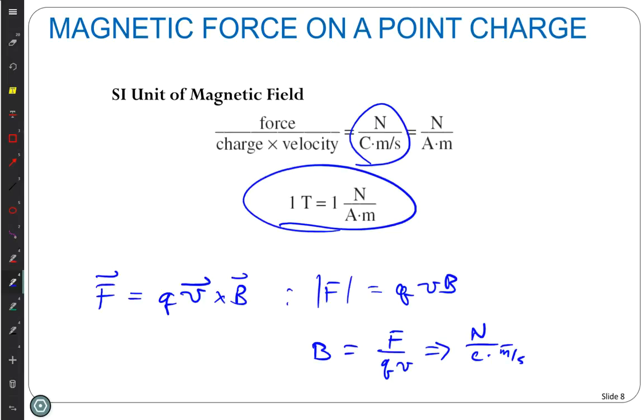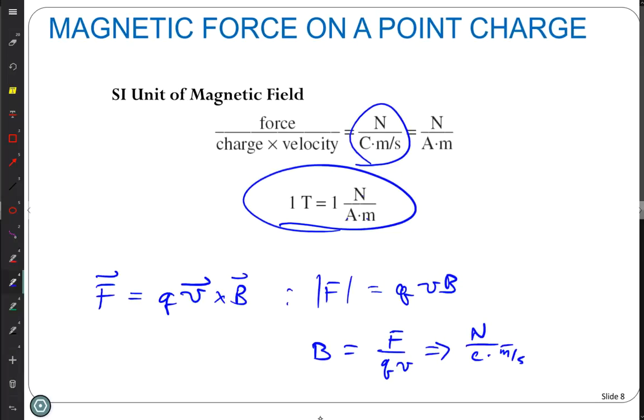Now, as a point of obscure fact, the amp is the SI base unit. The coulomb is considered a derived unit based on the ampere. So this is the base unit. The Newton is not a base unit, right? Newton is kilogram meters per second squared.